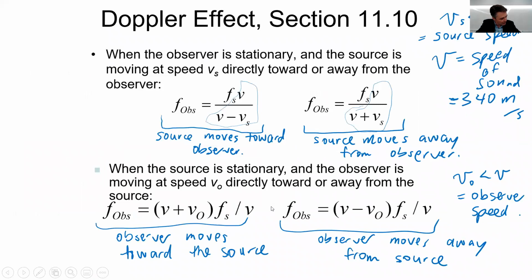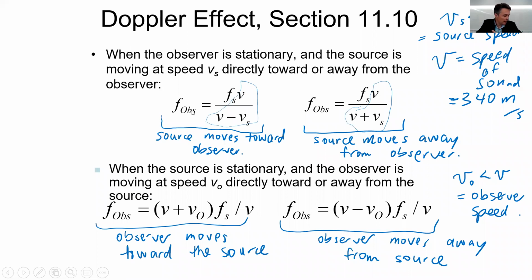So what you do then is, I guess what's really happening here is that you use the second equation for the fact that the observer is moving, but then instead of Fs here, you plug in this equation from the top, because now the observer is also moving.